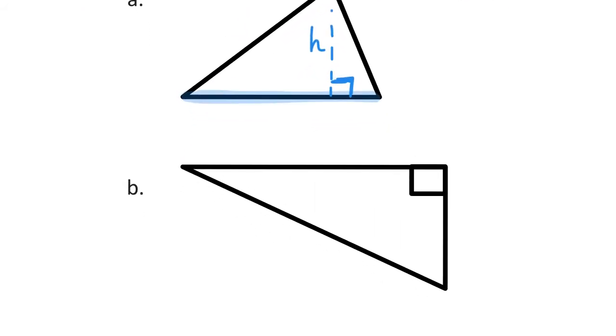In the second triangle, I need to show an altitude, so I decide which side I want to use as my base. Now, recognizing that I already have a right angle here, I can choose one of two sides to be my base, and then the other side forming the right angle to be my altitude. So if I make this my base, then that means this side over here becomes my altitude.